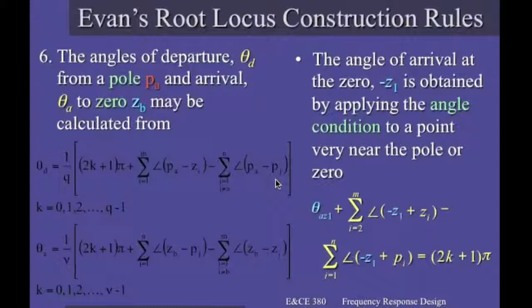So an odd number of times pi, similarly, plus the sum of angles formed by the complex number obtained by subtracting each pole from the current zero, Z sub B minus P sub J, minus the sum of angles formed by each complex number obtained by subtracting each zero from the current zero, with the exclusion of the current one, I different from B.